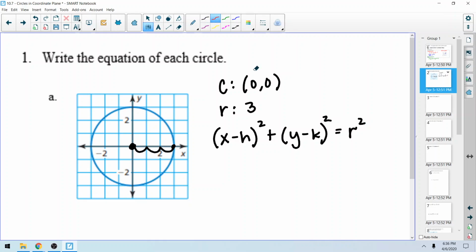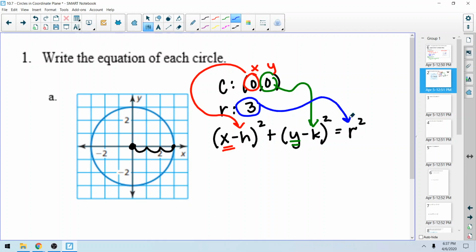So this is x, this is y. X always fills in next to the x. Y always fills in next to the y. Okay, so keep your x with your x and your y with your y. And then your radius is going to fill in right there.